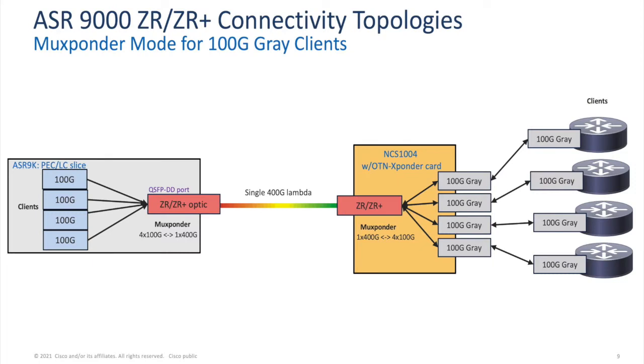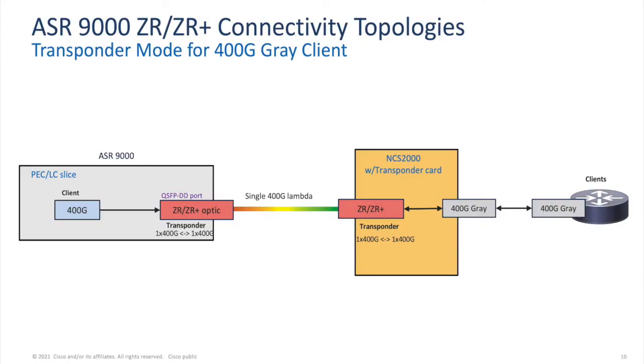In this case, the central router site is configured as a 4 by 100 gigabit muxponder mode, and DCO pluggable module will transport those 100 gigabit streams using a single wavelength at 400 gigabit rate. On the remote location, the muxponder will break out 4 individual 100 gigabit interfaces to non-DCO routers using gray optics.